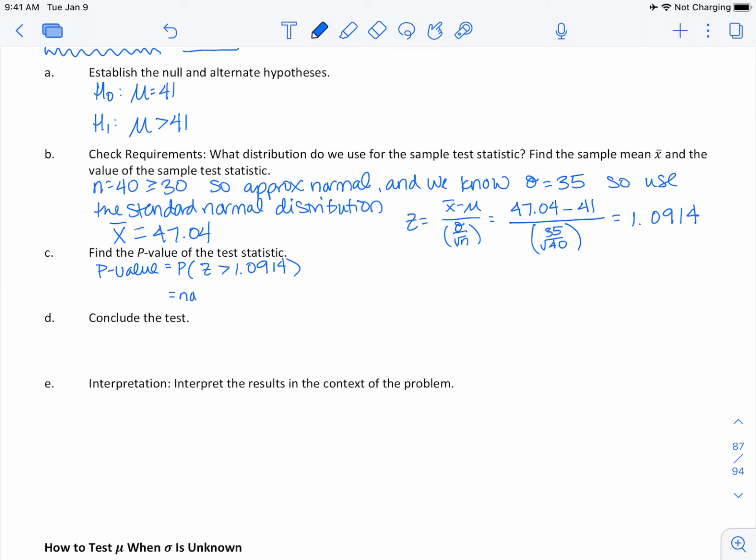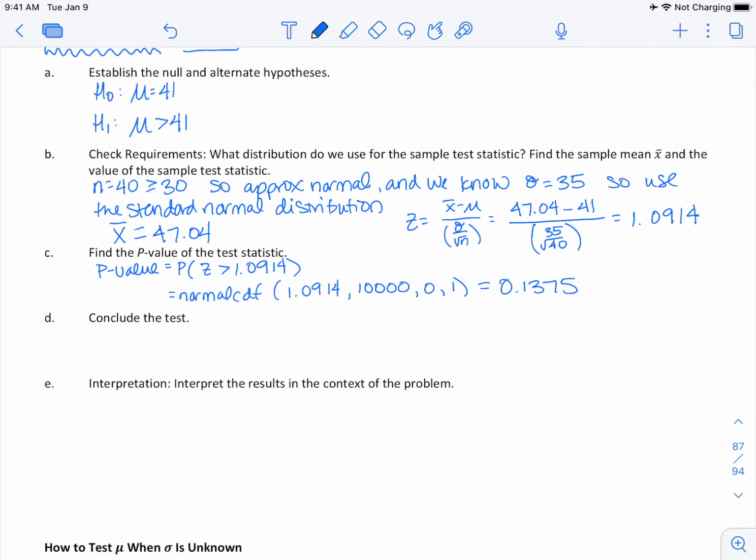So we can do normal CDF from 1.0914 up to 10,000. And this is going to give us 0.1375.